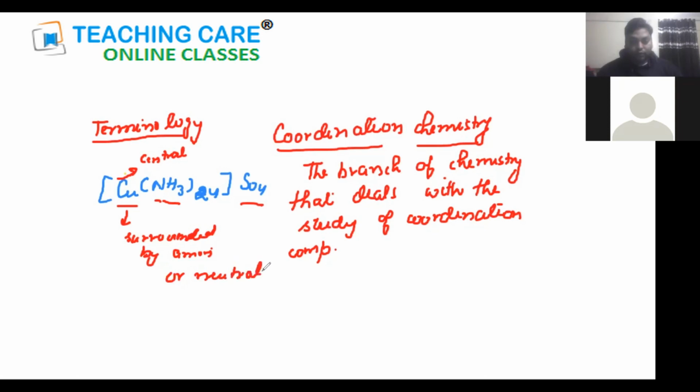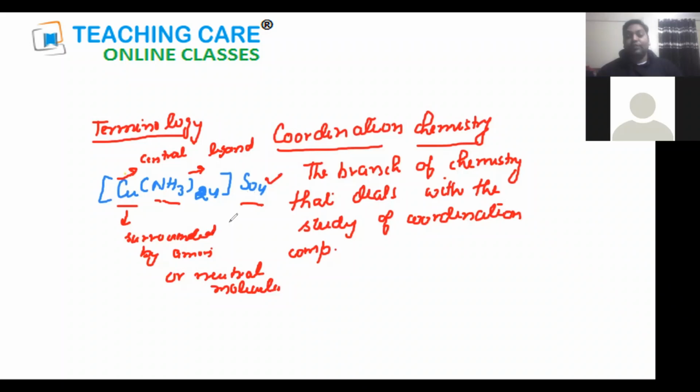So the central atom is the central atom, and NH3 is known as a ligand. It is neutral. Basically ligands are neutral, and SO4 is an anion. A coordination compound consists of both.